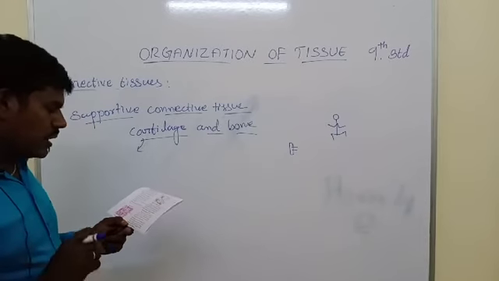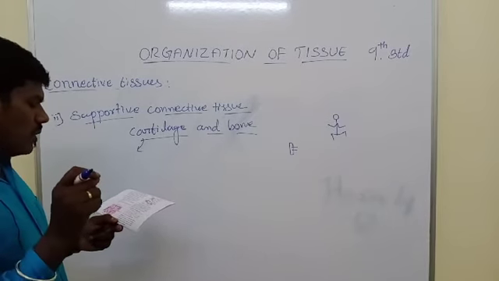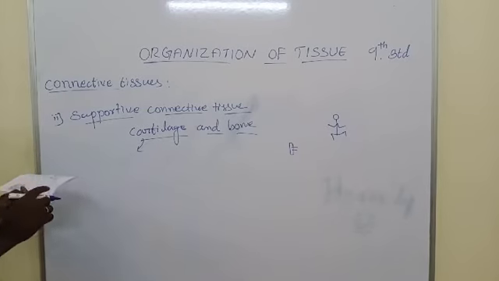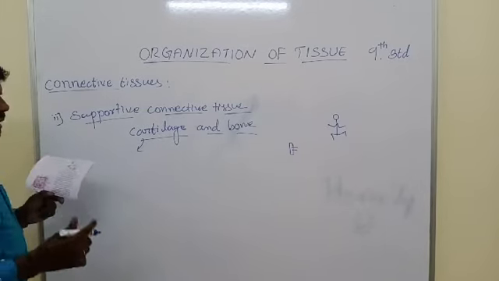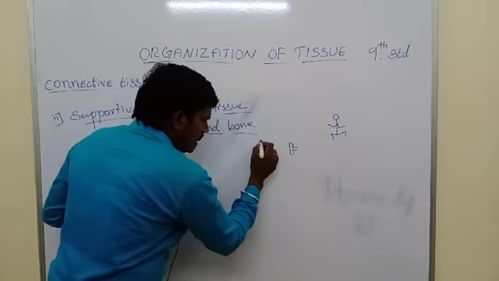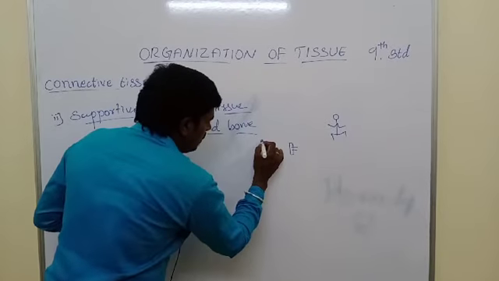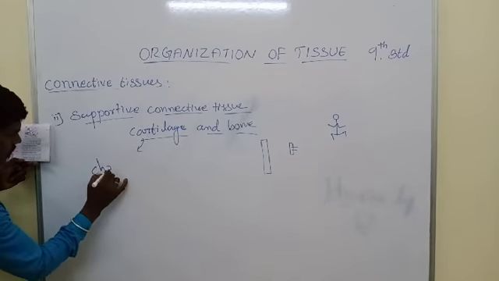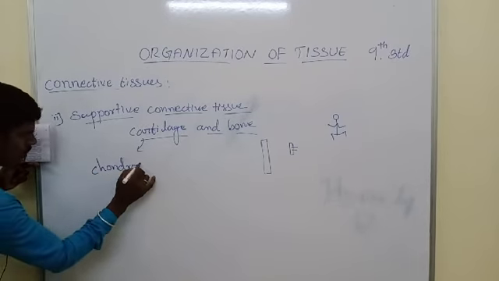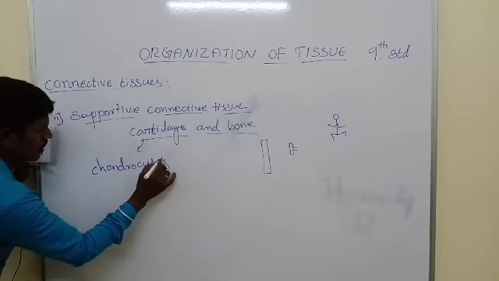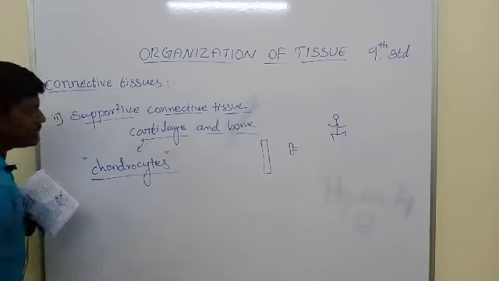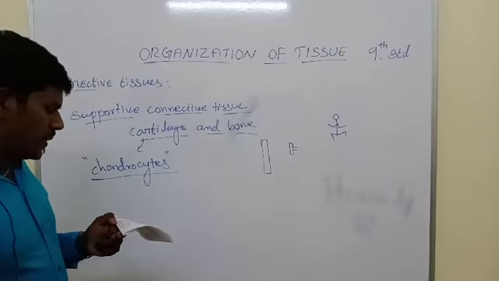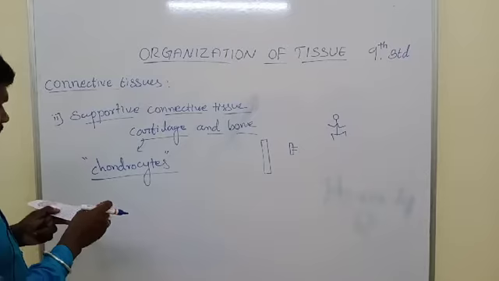The matrix is composed of large cells called chondrocytes. Chondrocytes means the large cells present like this. These cells are present in fluid-filled spaces known as lacunae.